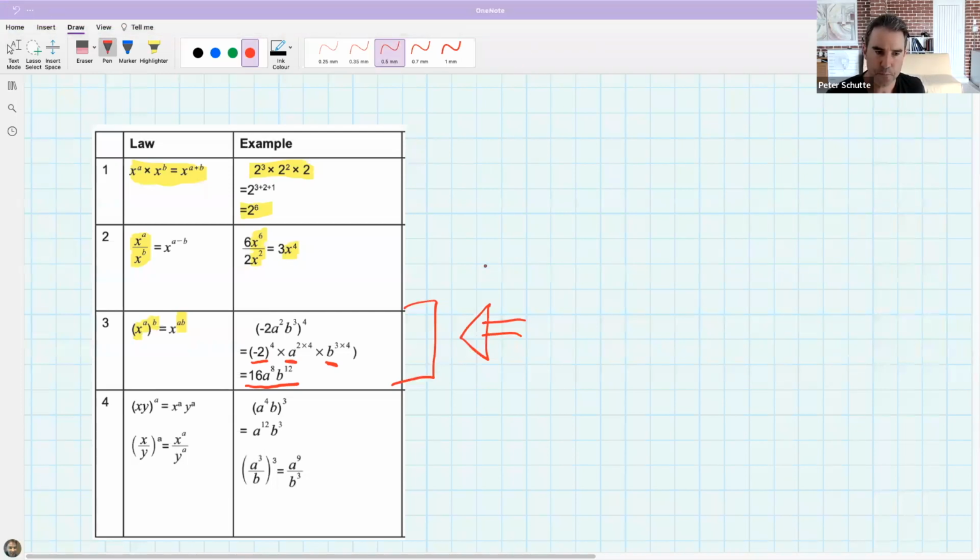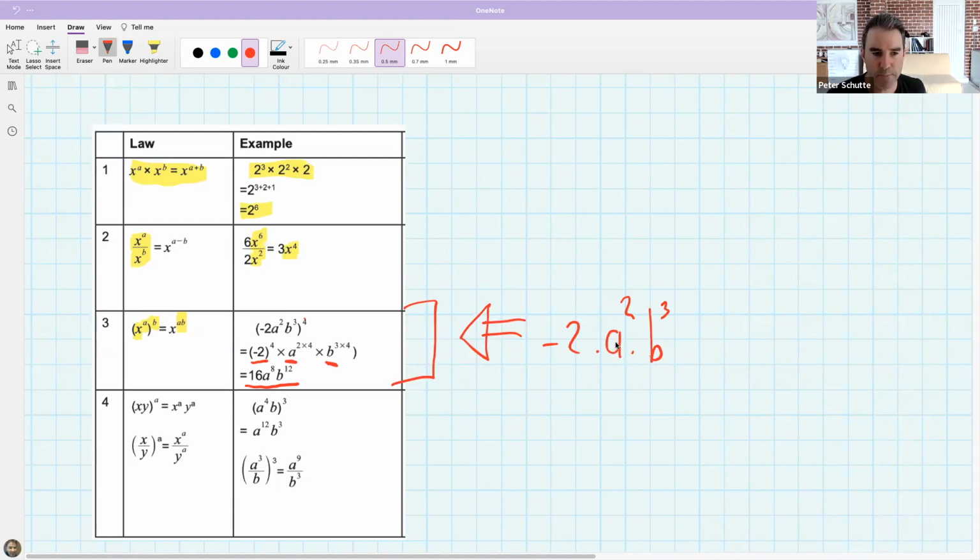Okay. So the main thing that's happening here is that if you've got a power next to a power, the power simply gets multiplied by the powers inside. And so the numbers that are inside the bracket, there's a minus 2, there's an a squared, and there's a b cubed. And of those, the bases are minus 2, a and b.